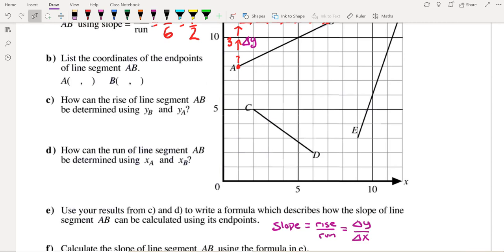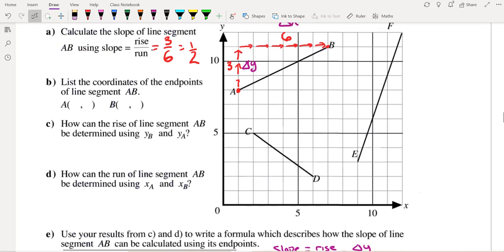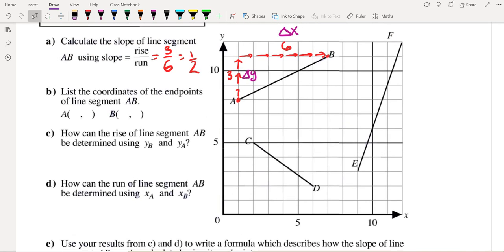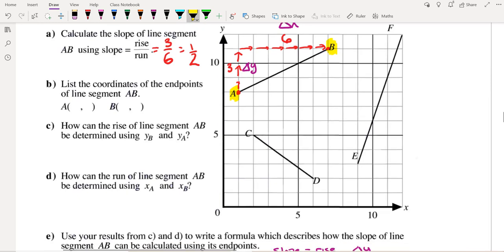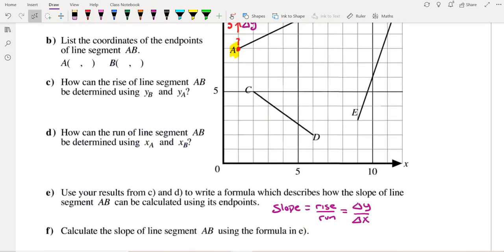And just as we do in science, how do we calculate anything that changes? We take the final minus the initial. So the final position minus your initial position. So if we're starting at A and ending at B, we take the final position, which is B, subtracted from A.